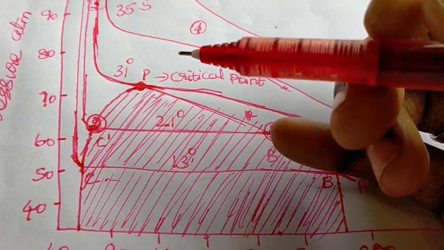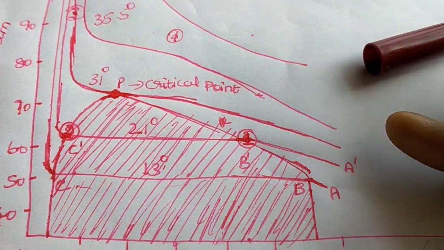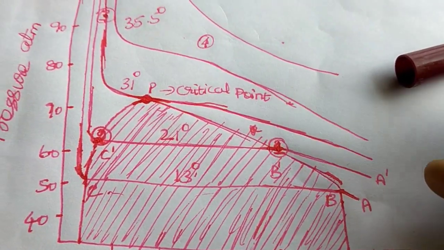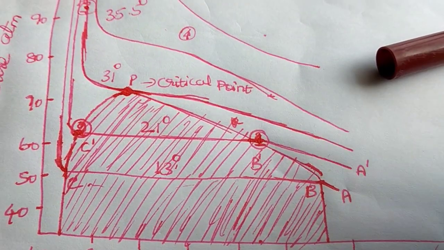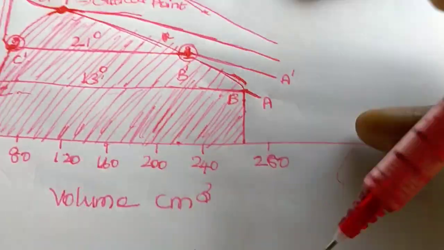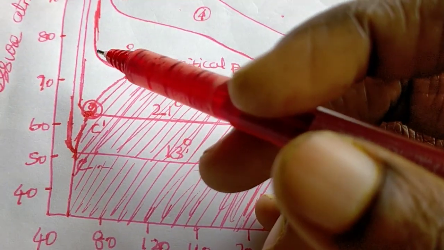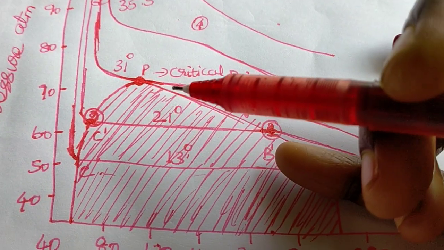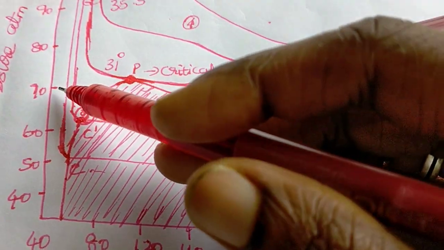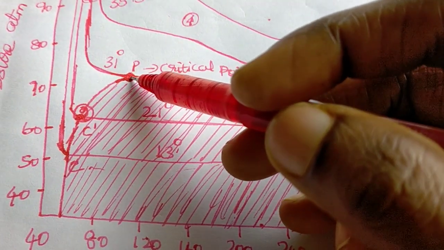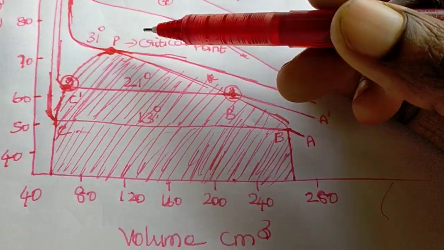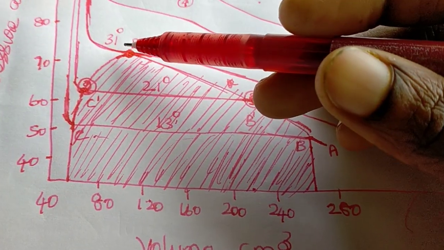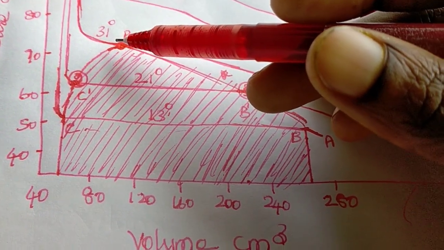Now you can take carbon dioxide a third time in one system under a pressure of 73 atmospheres and a temperature of 31.1 degrees Celsius.